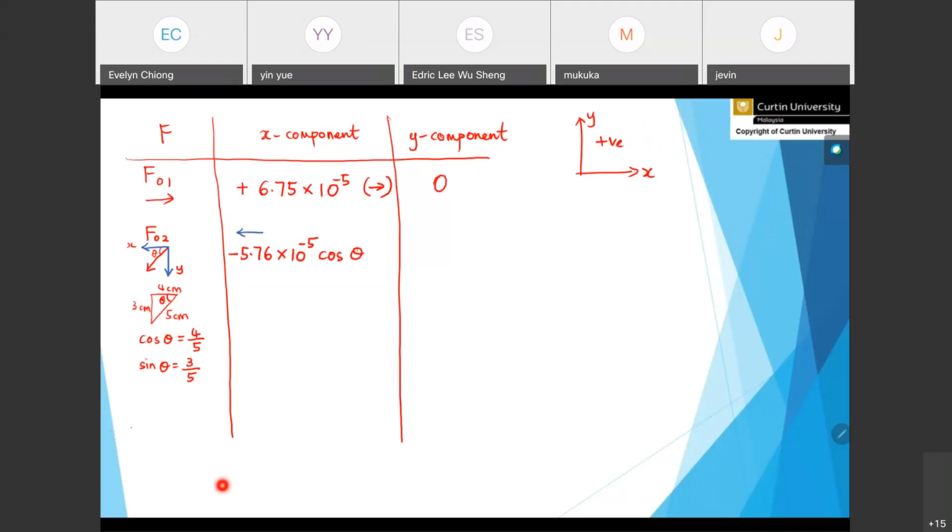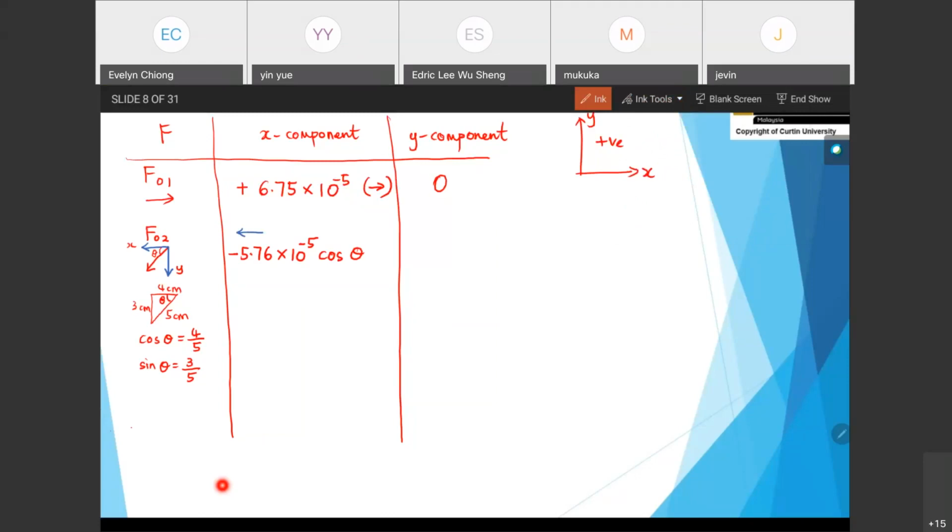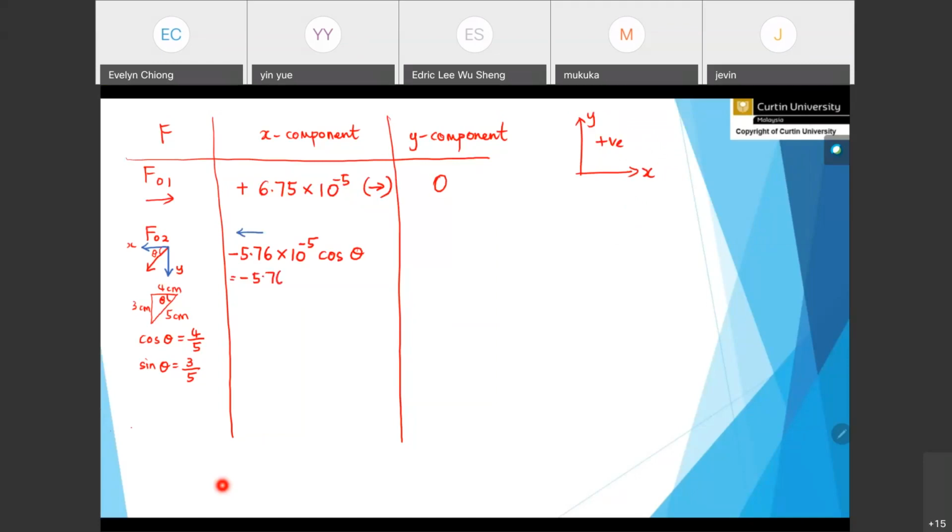So you calculate this with cos being 4 over 5, and you are going to get negative 4.61. So this one is pointing to the left. Then we do the y component. The y component is pointing down.